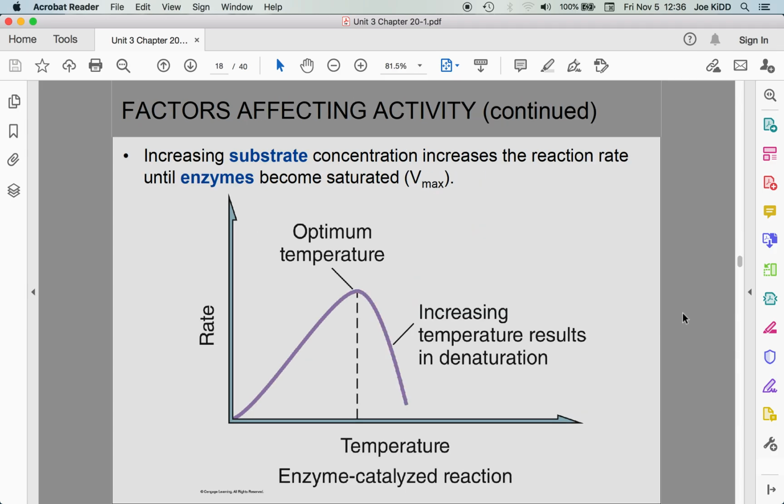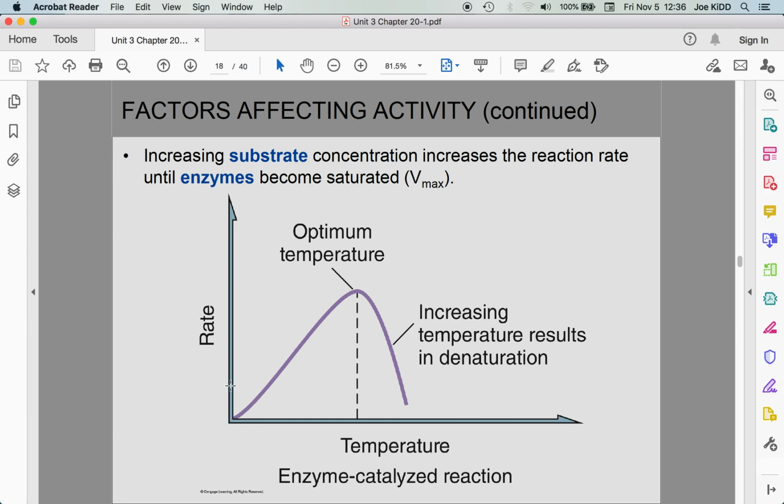We can increase substrate concentration, which would increase the reaction rate until it becomes saturated. So, this is actually the wrong image. This one should go flat. So instead of it dropping off here, think of this as coming out flat. So as we increase the substrate, let's say I have 3 enzymes that will turn over a substrate. If I only have 1 substrate present, I have 2 enzymes that aren't working.